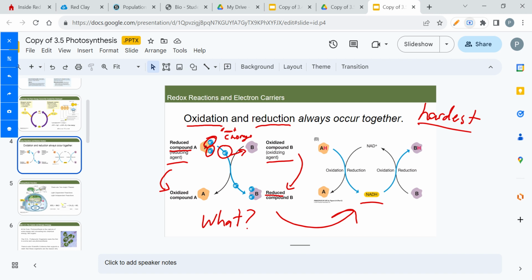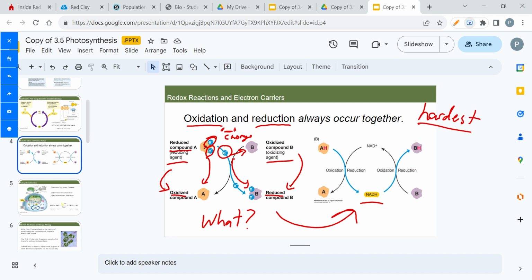So the oxidizing agent is becoming reduced because the electrons are transferring from molecule A to molecule B. Because this one has now been reduced, the other is now oxidized.